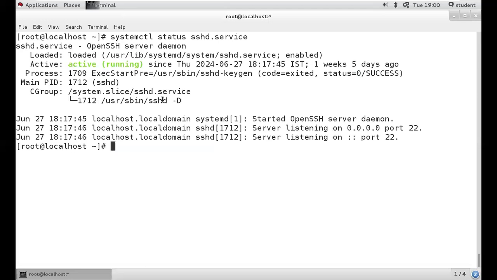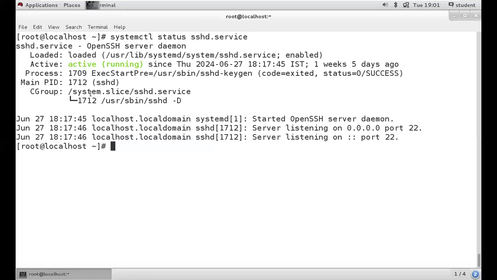SSHD is a remote service. You should have SSHD, then only it's possible; otherwise we are unable to access the remote machine. You should have the communication, that's it.